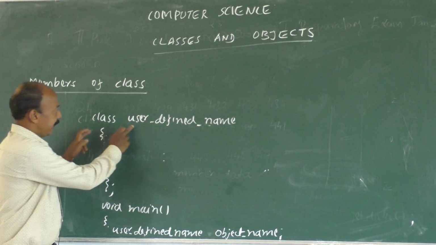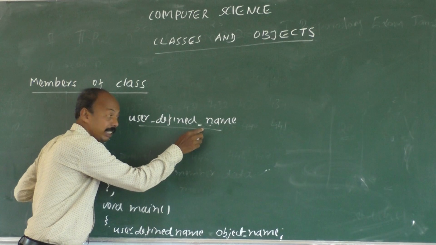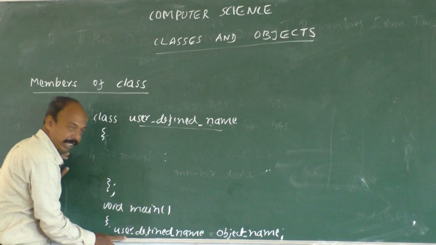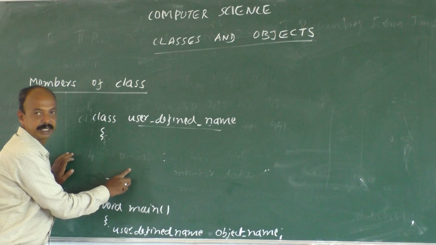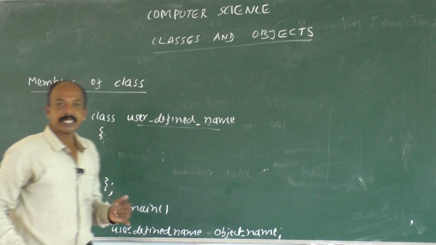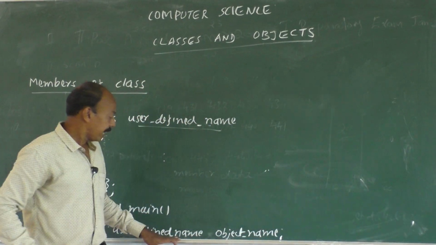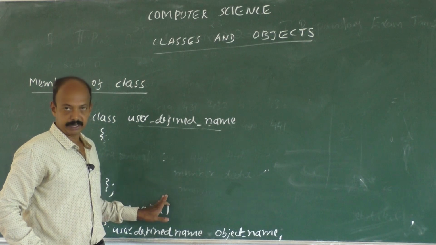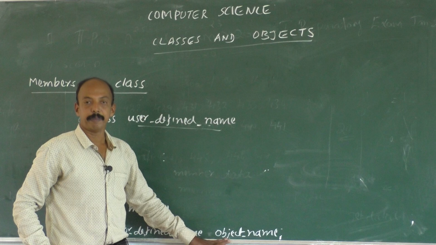So the name, that is this user defined name, because this is the name of the class, the same thing we will write. That means we are going to create an object for this class. That's why whenever we are going to access the member data and member function, directly we cannot access them. It has to be accessed with respect to the object name.